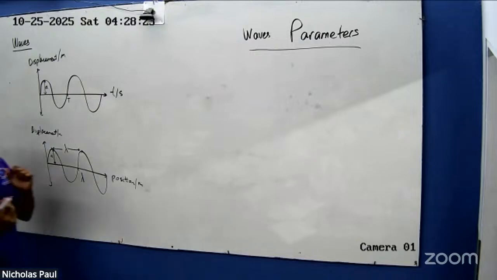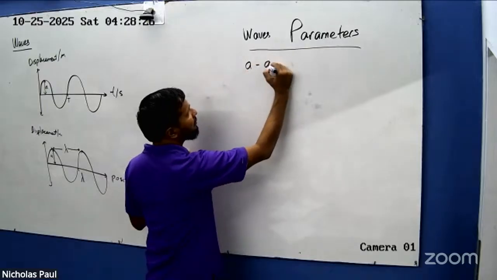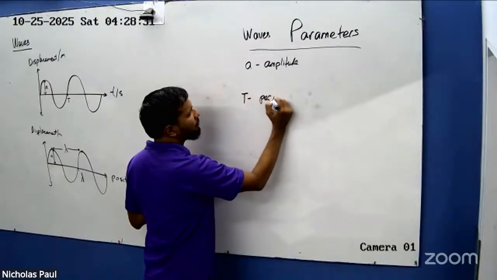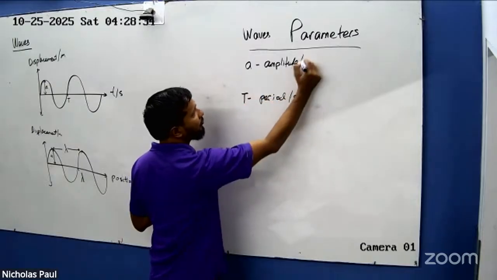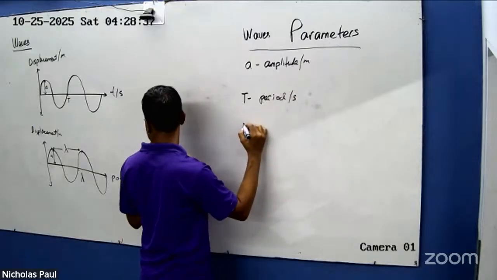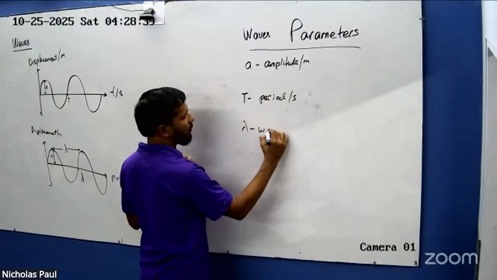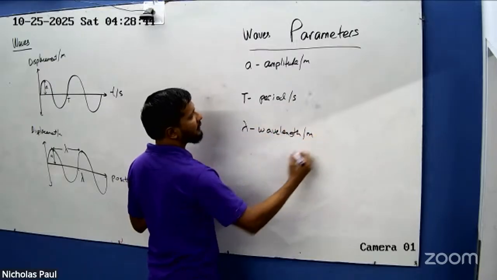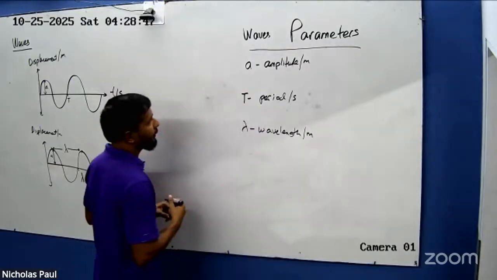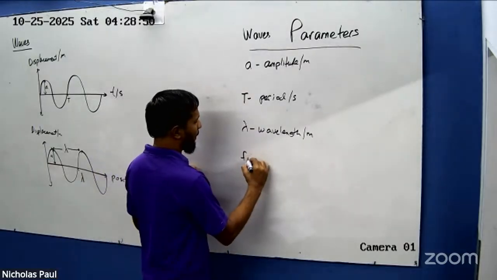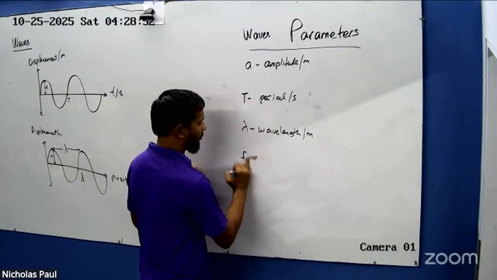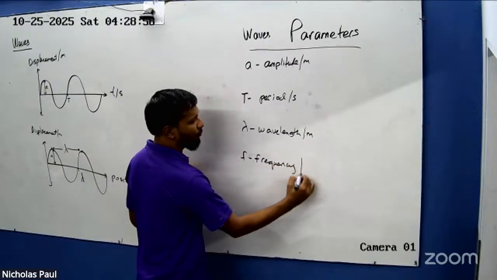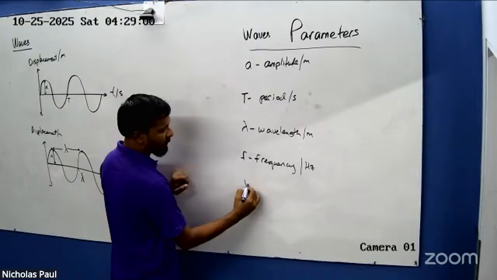All right, so add them in: amplitude, period, wavelength, then we'll do frequency and then speed.